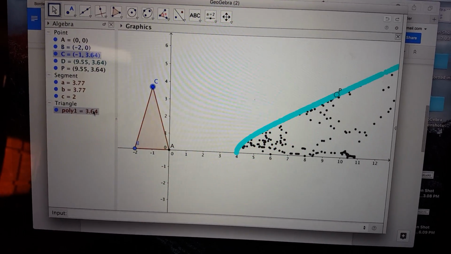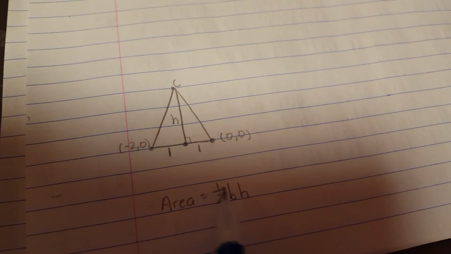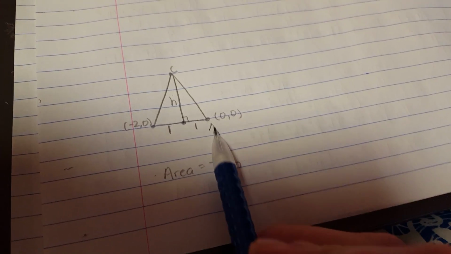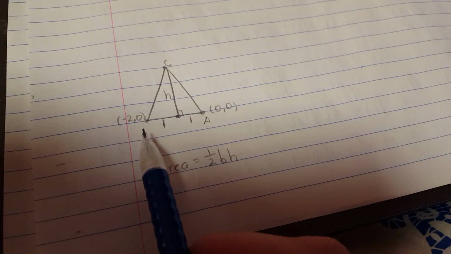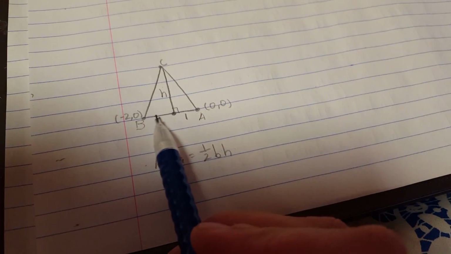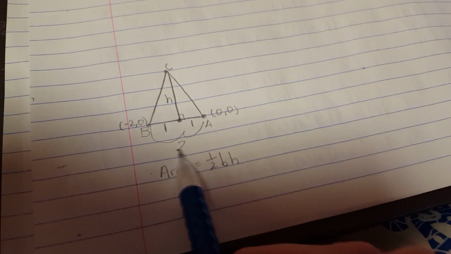area of the triangle, which makes sense because the area is 1/2 base times height. In this situation, point A is at 0, 0, and point B is at -2, 0, meaning that the base of the triangle is 2.